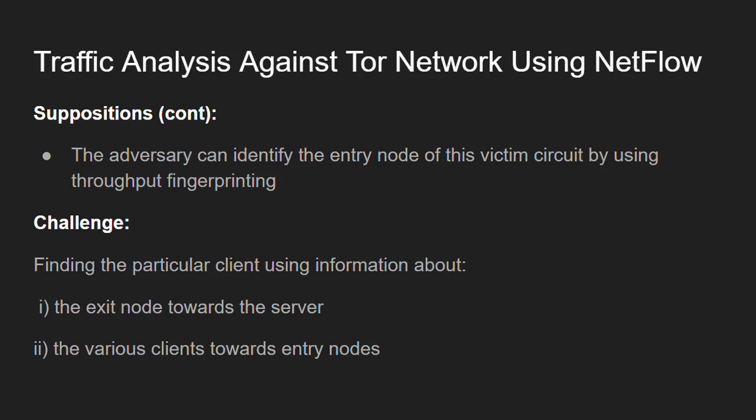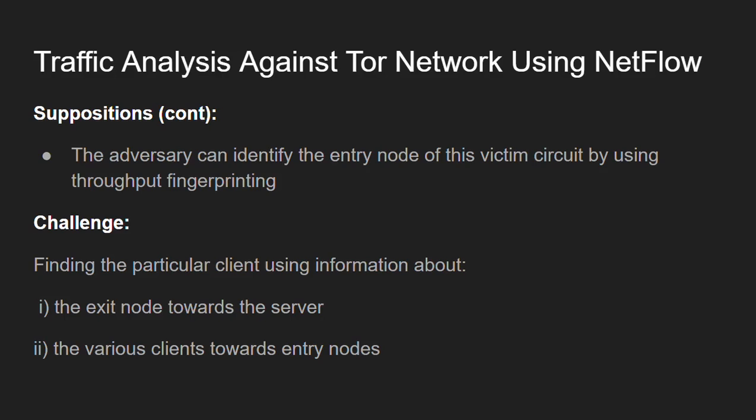Now the actual challenge for the adversary is to determine the real identity of the anonymous client that corresponds to a connection seen at the server using only the NetFlow data from the vantage points. These points will be the exit node towards the server. This is the information that our attacker will have, and the second information will be the information about the various clients that are connected to the various entry nodes.